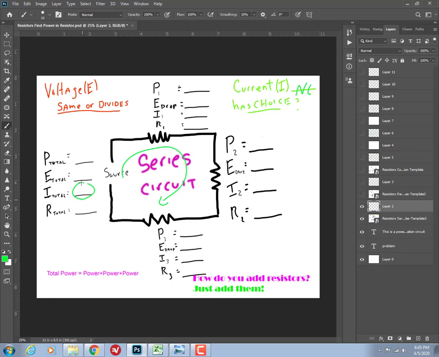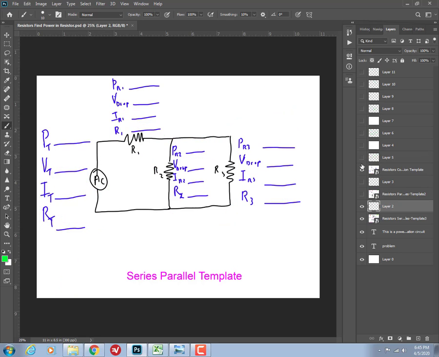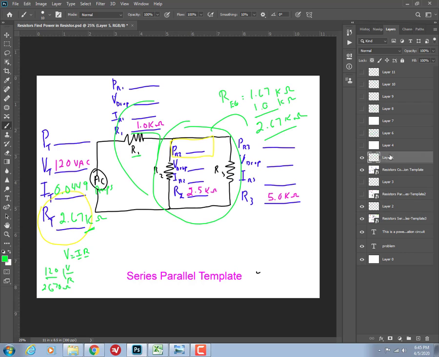So if we know this current, that means we know this current, and this current, and this current. So this current is 0.049. It goes around. And that must be 0.04. But here, it's going to split. So we don't know the current.